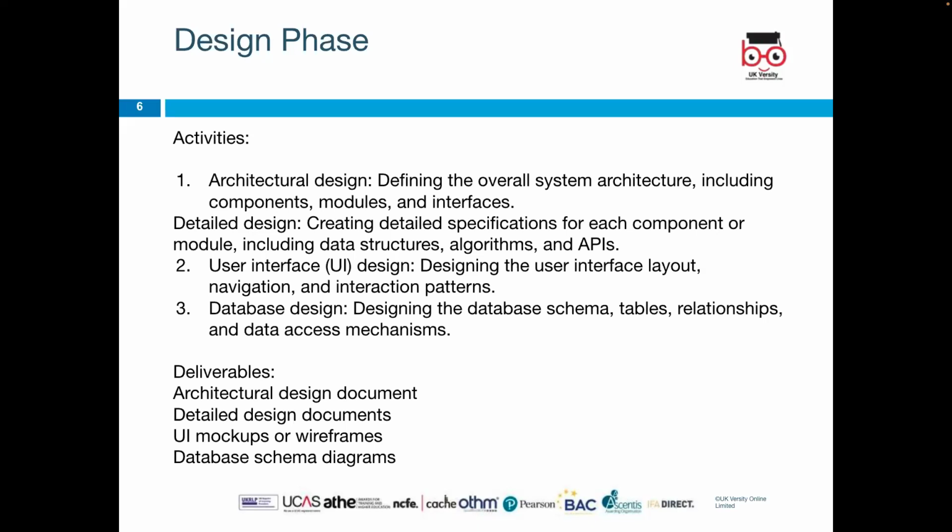So you have to design the schema for the database, and you have to map the relationships in the database. Take, for example, you want to map the relationship between a user and a post. You have to do that in this database design. So what are the deliverables? Architectural design documents, detailed design documents, UI mockups or wireframes, database schema diagrams.